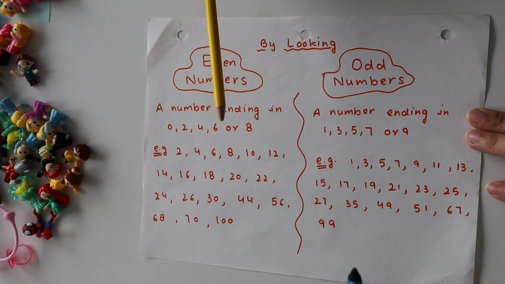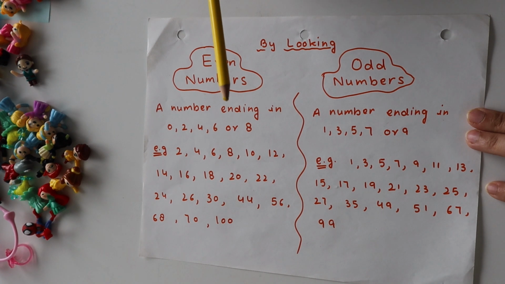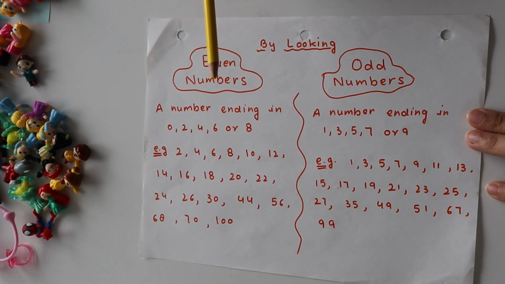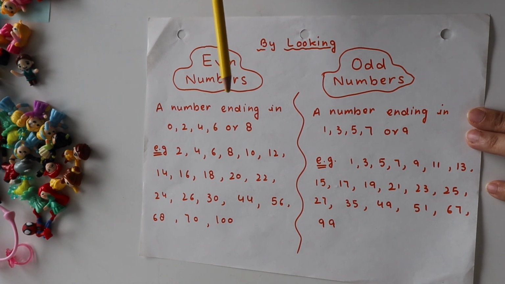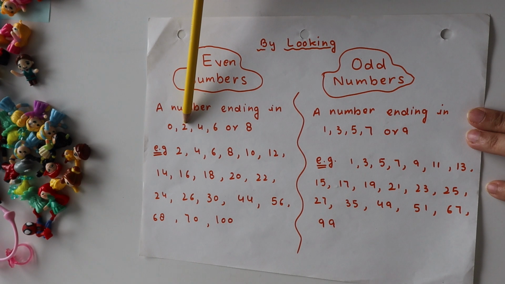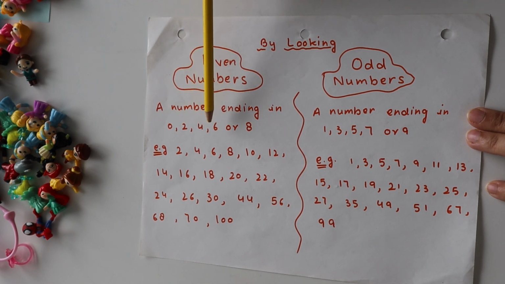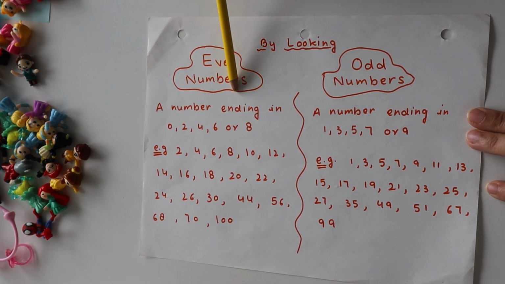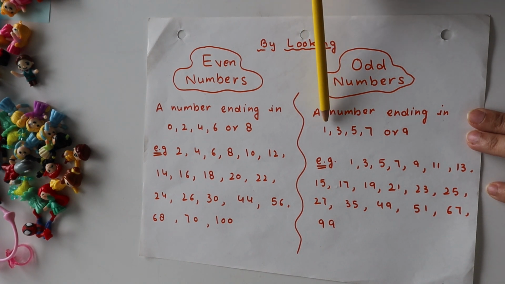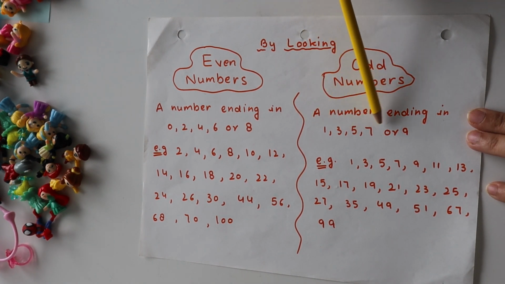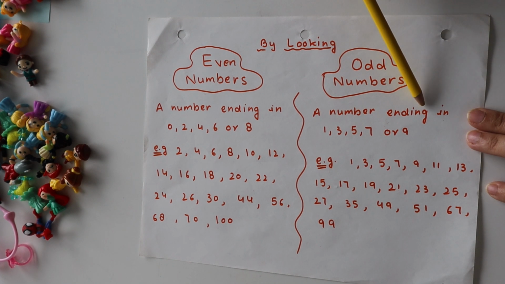Listen, you just have to remember that if a number ends with 0, 2, 4, 6 or 8, it's an even number. And if a number ends with 1, 3, 5, 7 or 9, it's an odd number.